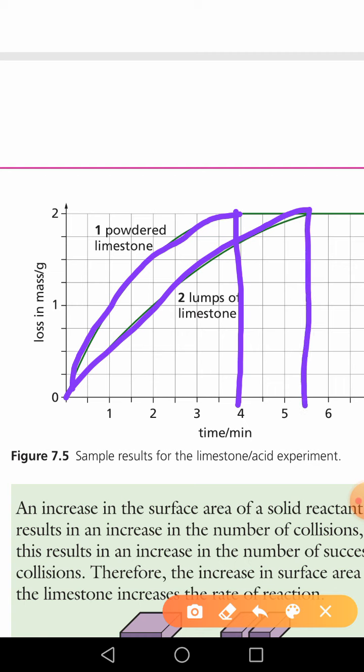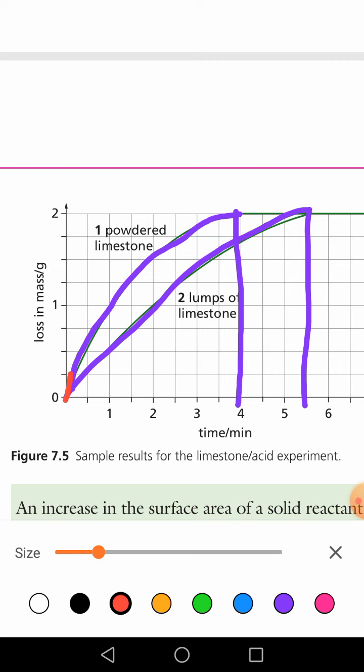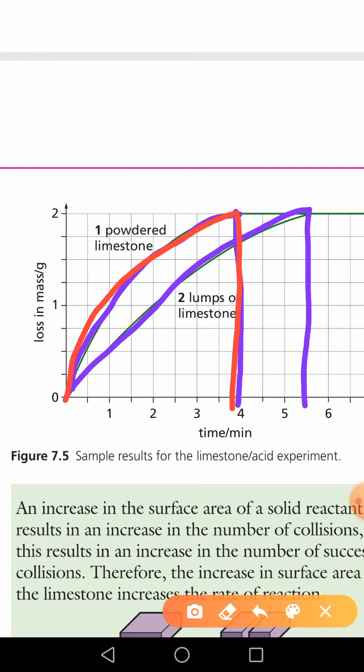So in which case was the reaction completed earlier? Obviously it's the second case. So in the second case the rate of reaction must be higher, but the amount of product remains the same because we have used the same amount of reactants, but here we have used the powdered limestone, or calcium carbonate.